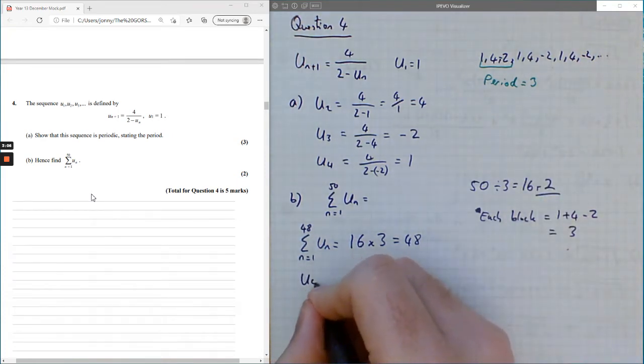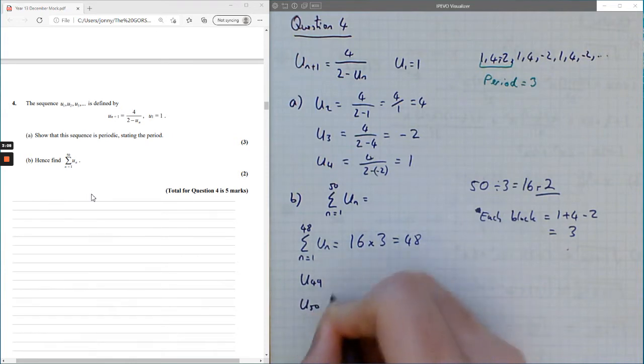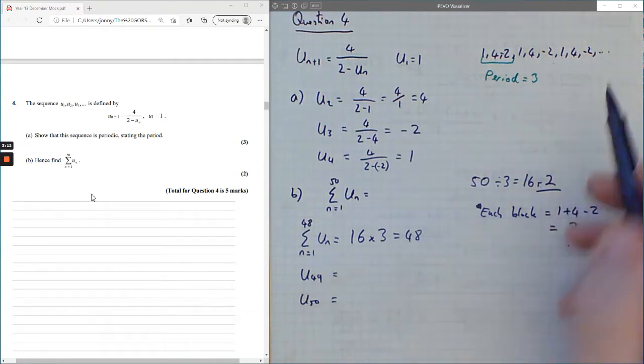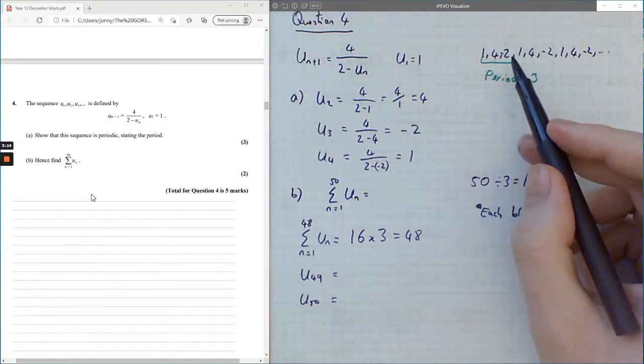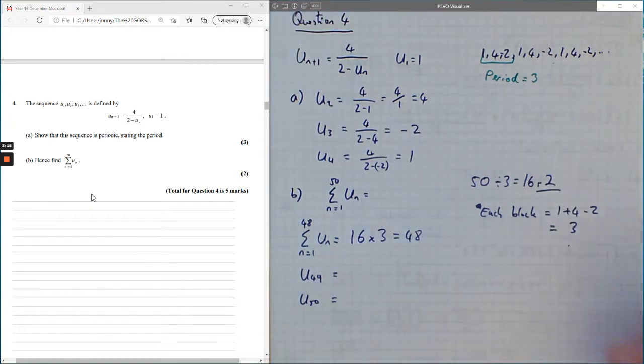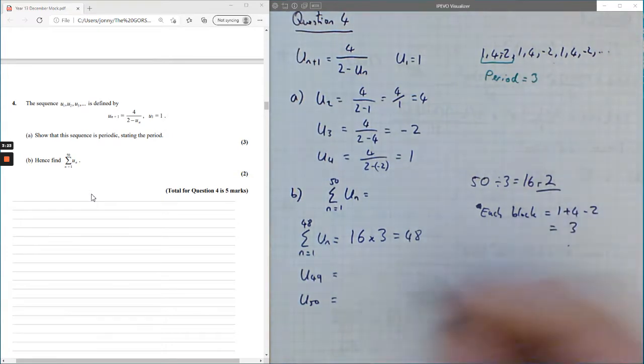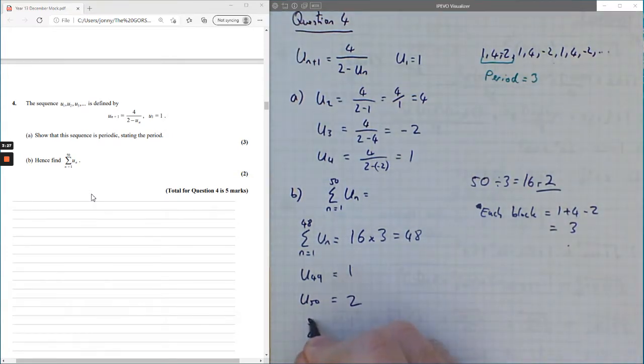Then we need to work out what u49 and u50 would be, and we need to add them up. So after we've done a full block, the last one we're on is minus 2. So u48 is going to be minus 2, which then means that u49 would be 1 and u50 would be 4.